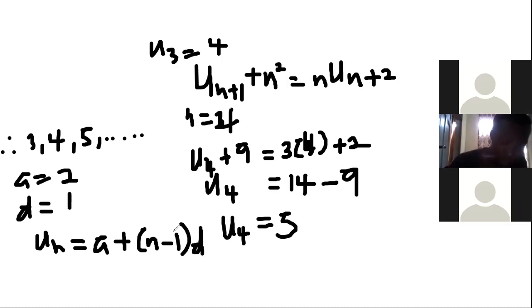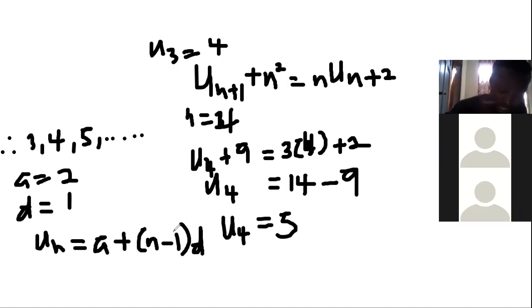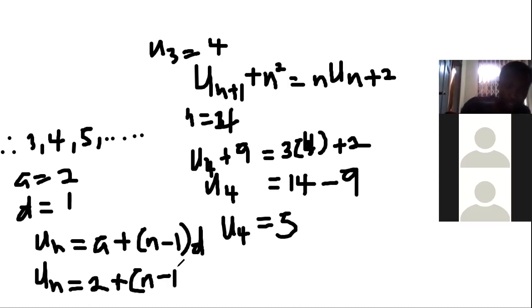So the sequence of numbers U1, U2, U3 satisfy the relation Un plus 1, and so it's a linear sequence question. So we are going to find the expression of Un in terms of n, the general expression for Un. So Un is equal to, well, we know a to be 2, so this will be 2 plus (n minus 1) times 1, because d is 1.